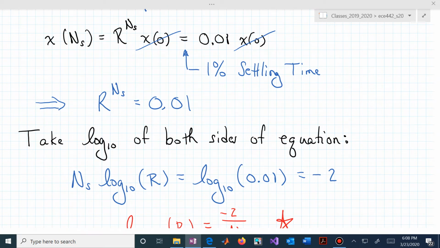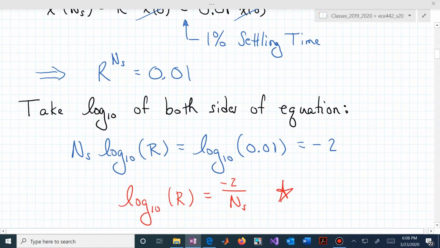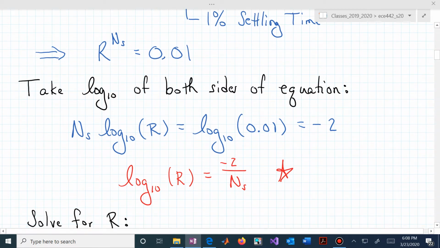Now we know that n sub s, the number of samples, times log base 10 of r is equal to minus 2, and we can solve that for log base 10 of r. And I'm going to call that an important equation, so I'm going to give it a star. Log base 10 of r is minus 2 over n sub s.